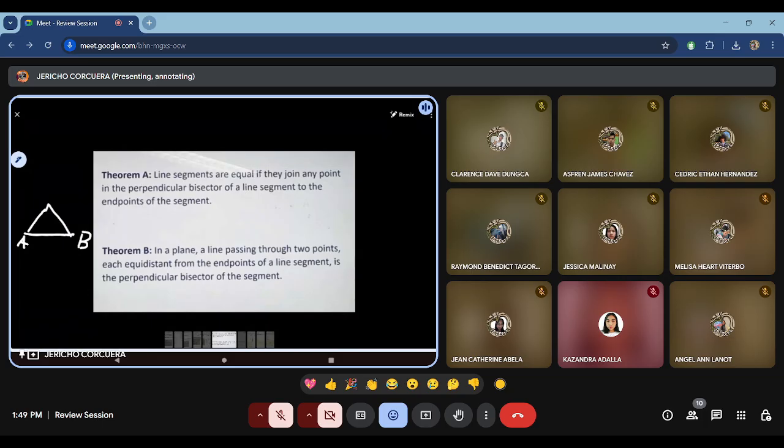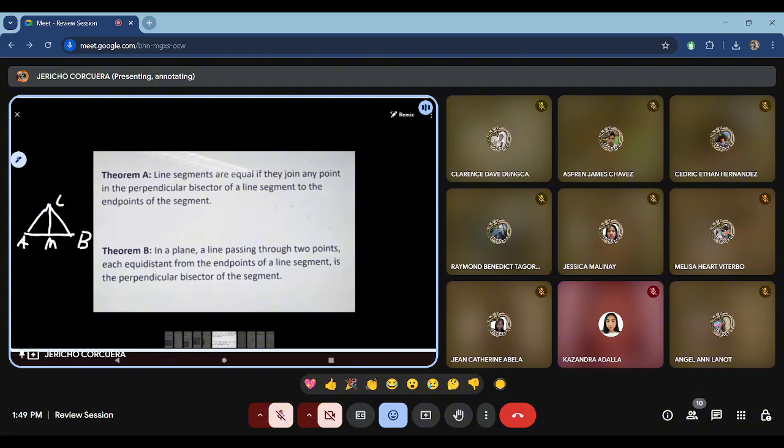Okay, so let's go back here. The line segments are equal if they join any point in the perpendicular bisector of a line segment to the endpoints of the segment. And then, so we have here the perpendicular bisector. So you can see here on the figure that line segments are equal if they join any point in the perpendicular bisector.